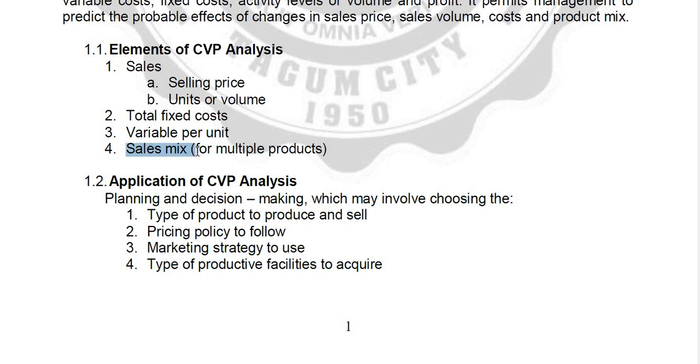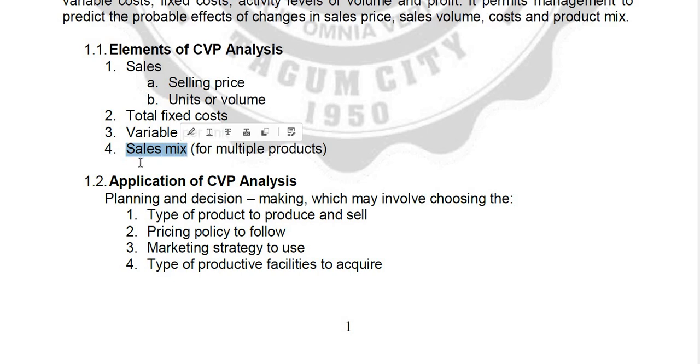And then, sales mix naman is for multiple products. So, actually, sales mix is parang, it's a ratio wherein you're going to consider kung ilang product ba. Like, for example, the company is selling 2 products, A and B. So, pag sinabing sales mix, for every one unit of product A na masisell mo, ilang units ba ng product B ang masasell din ng company?